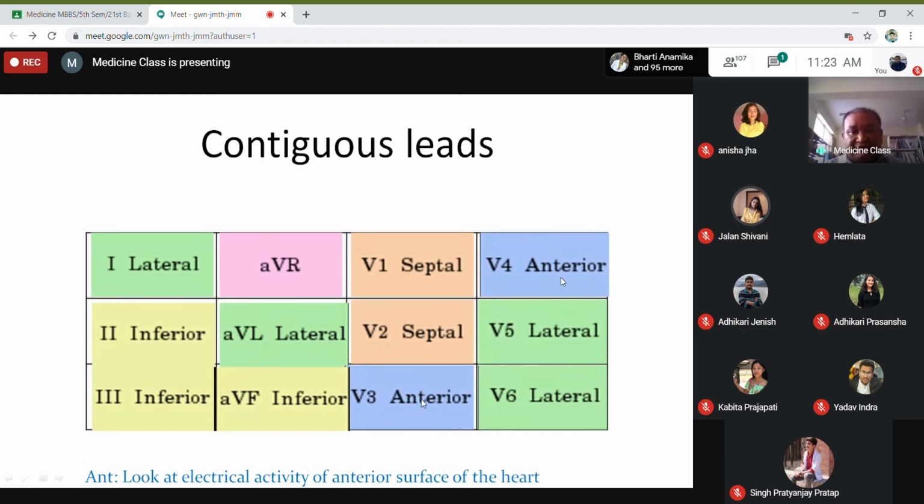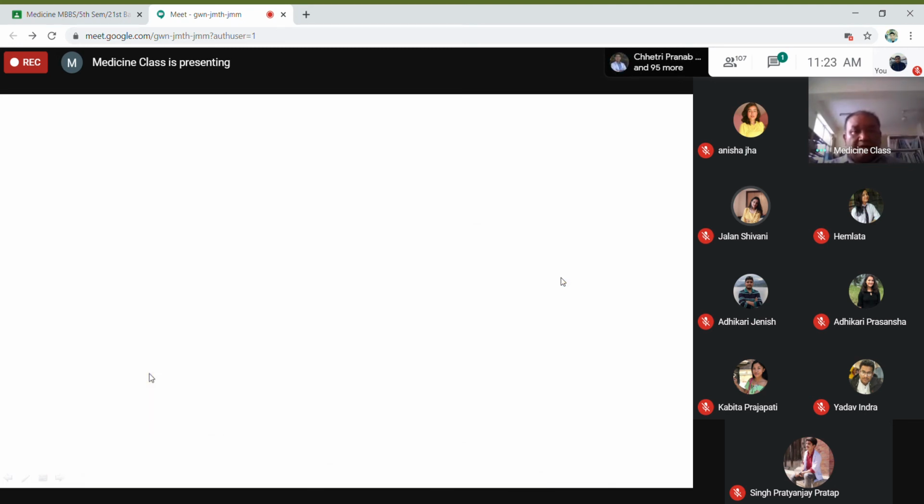If it's just in V3 and V4, then we call it an anterior wall MI. If it's V5, V6, AVL, and 1, then it's a lateral wall MI. If you have changes of MI in the inferior leads, then it's an inferior wall MI. So this is what it is important for.